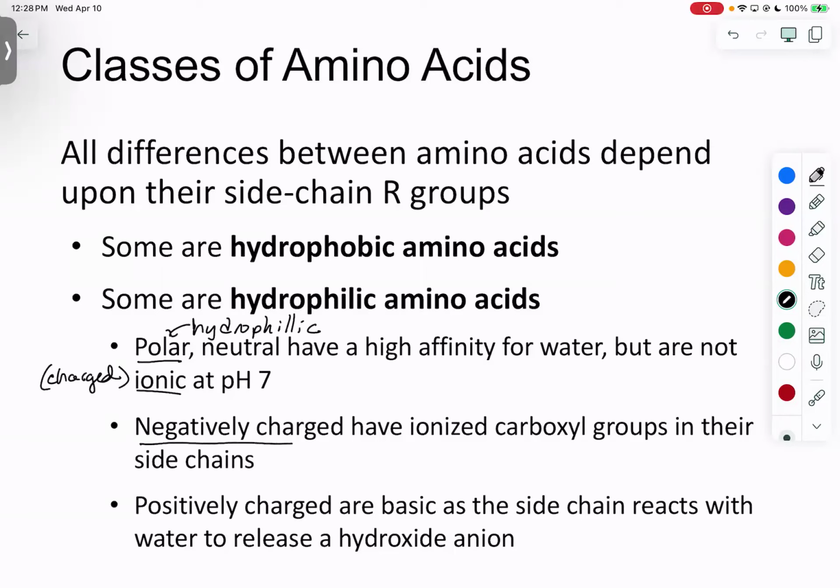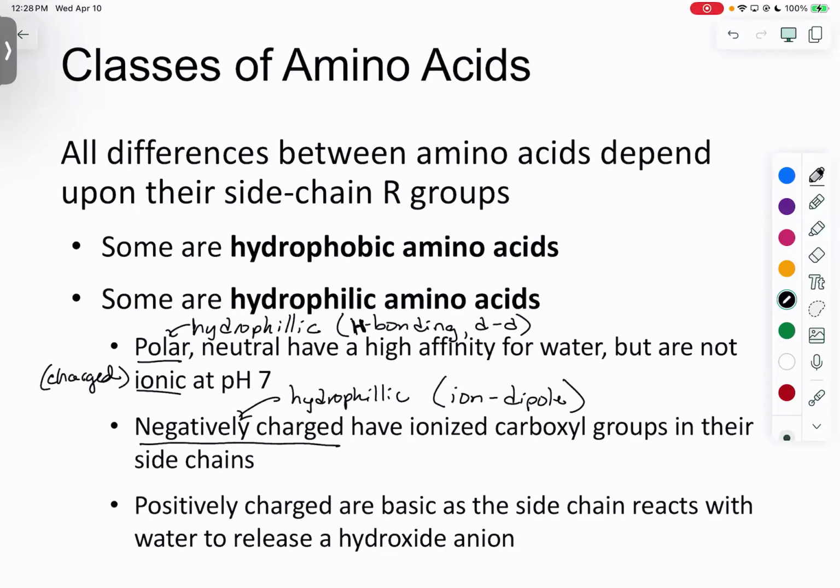If you're negatively charged, oh yeah, you're going to be very hydrophilic, because that will give you an ion-dipole interaction, right? If you're hydrophilic and polar neutral, you either have hydrogen bonding going on, or you have dipole-dipole interactions, those kinds of things. I guess that should be a capital H.